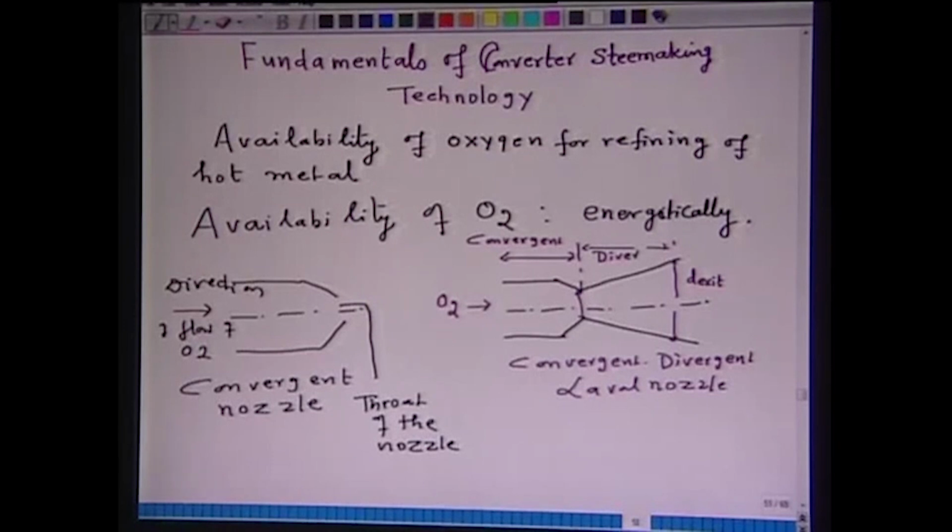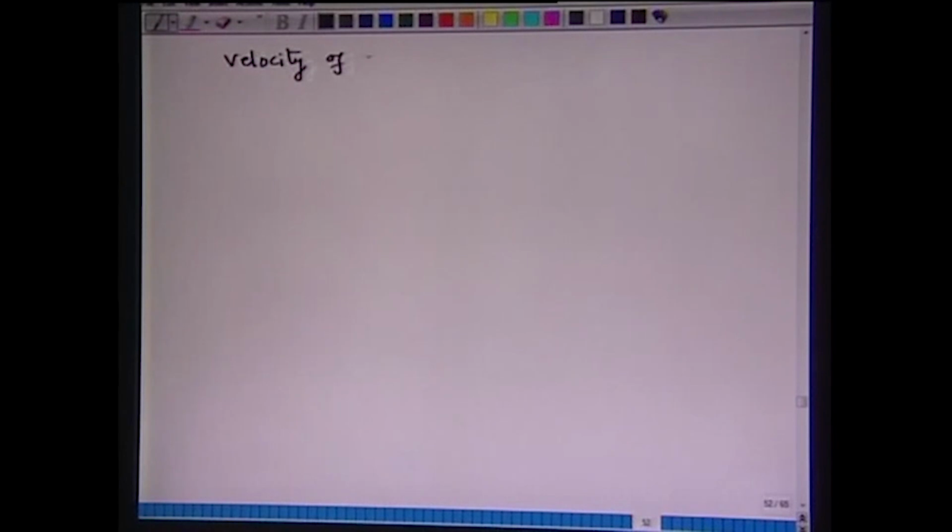This diameter is D throat, that is the diameter of the throat, where a minimum cross sectional area is attained. Velocity of jet can be expressed in terms of Mach number.